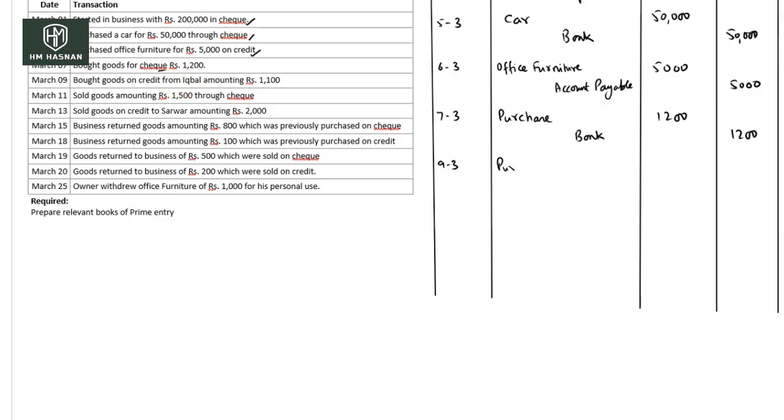The entry will be purchases debit, because we bought the goods on credit from Iqbal, so Iqbal will be our creditor. So purchases debit, creditor Iqbal. If the creditor name is mentioned, we will record the creditor by its name. Creditor Iqbal credit, the amount will be 1,100.